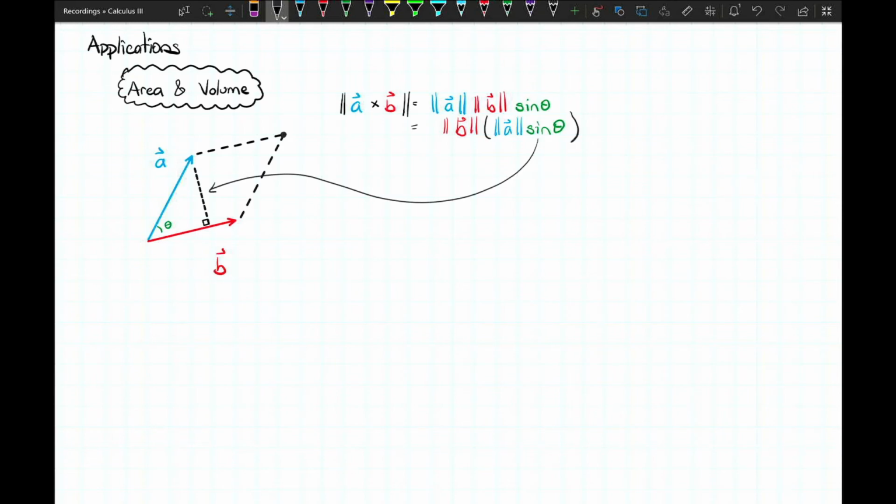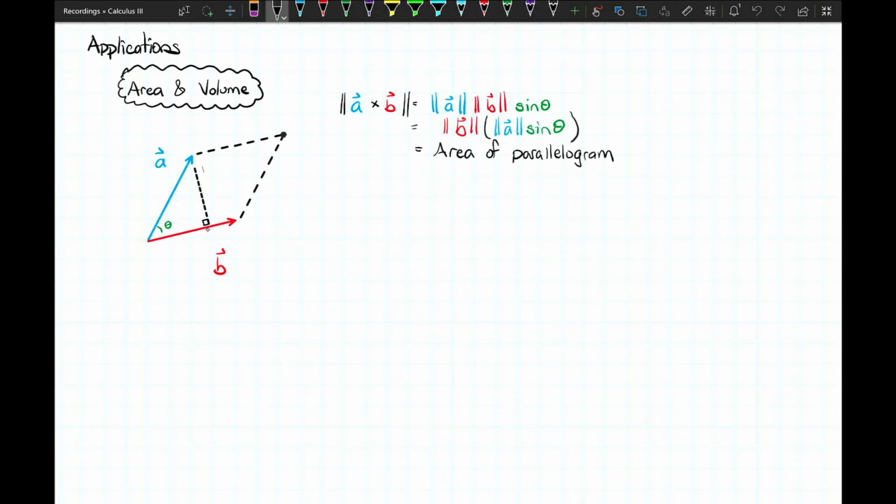That essentially becomes the height of this parallelogram, where the norm of B is the base. And that's exactly how we calculate the area of the parallelogram. We take the length of the base and multiply by the height, just like a rectangle. Hopefully this gives you a brand new way to visualize the magnitude of the cross product.